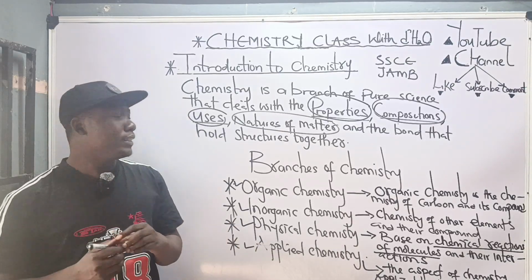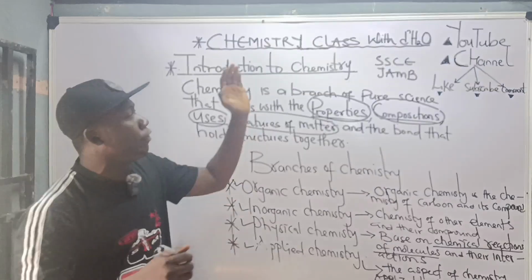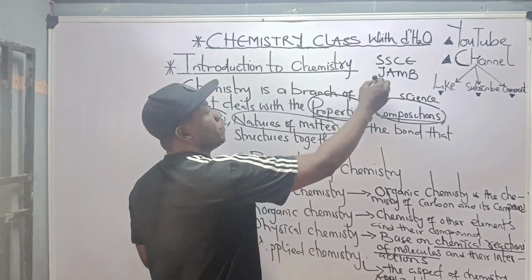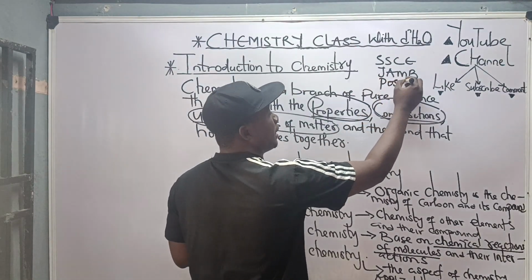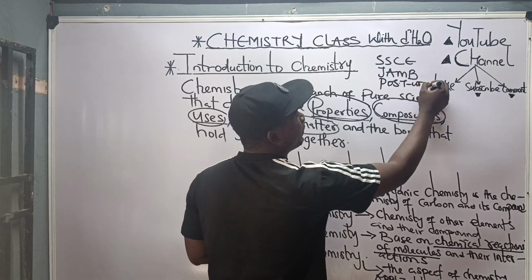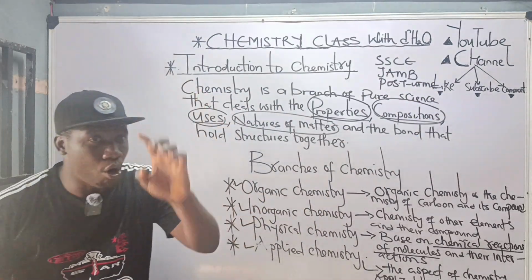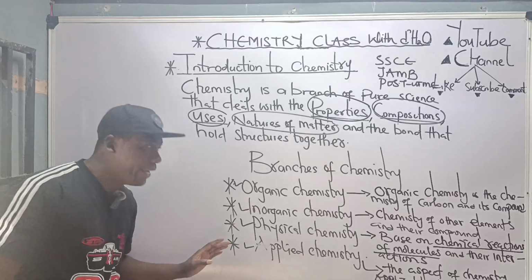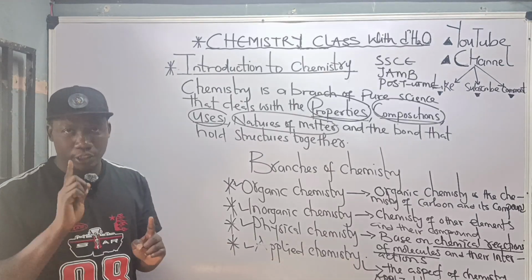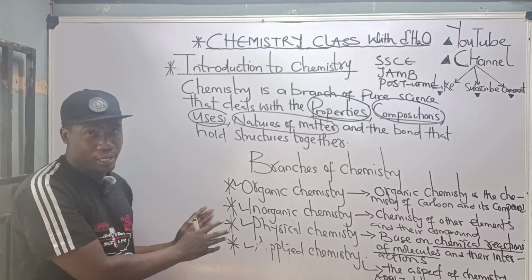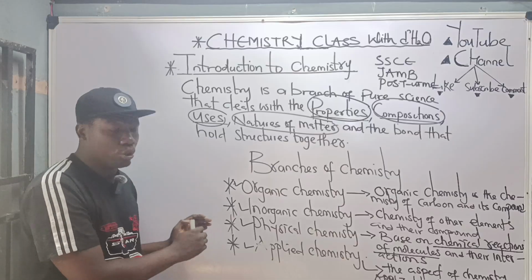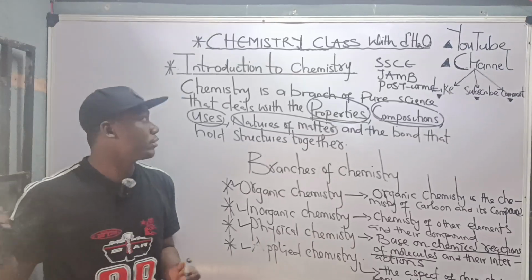And don't forget that if you are a student preparing for JAMB, or you are preparing for post-UTME exam, or maybe other related examination, your chemistry questions cut across these 4 essential branches. Take note of that.